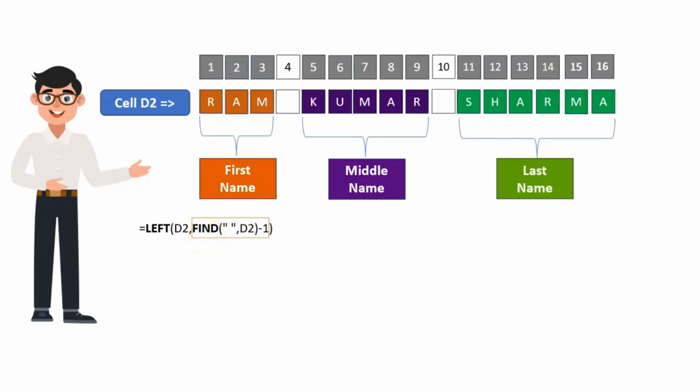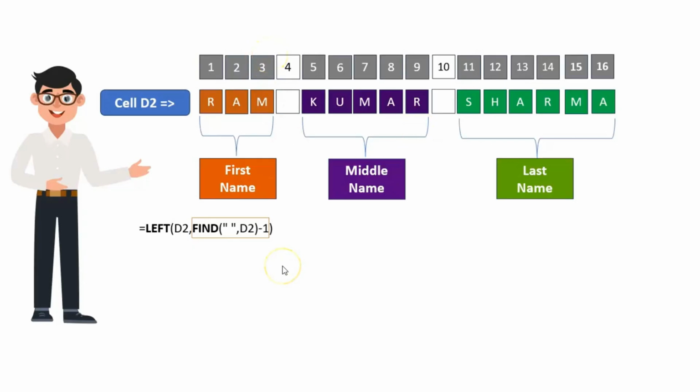Here the find function is searching for a blank space in the customer name present in the cell D2. So the first blank space is coming at the 4th position, which means that the characters before the 4th position represent the first name of the customer name.